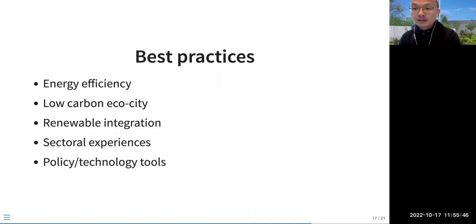For example, Denmark on renewable integration, using offshore wind and using combined heat and power to store those excessive wind generation and produce extra generation when it is needed. So those are examples of best practices and how those best practices are fitted to their own local condition, which offer some inspiration and, at the same time, implementation details.